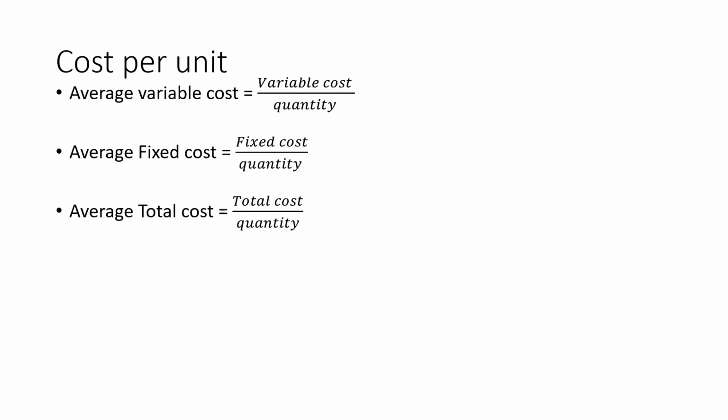The average variable cost is given as variable cost over quantity. Average fixed cost is given as fixed cost over quantity, and average total cost is given as total cost over quantity.